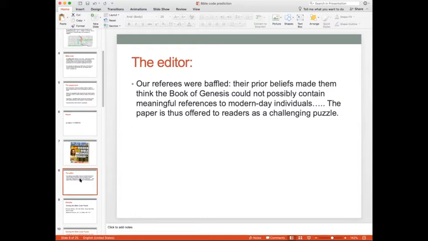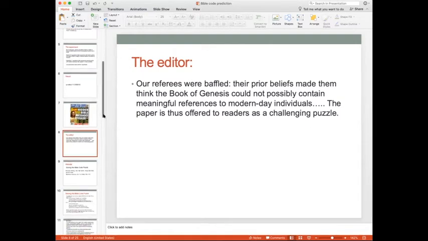The paper is thus offered to readers as a challenge puzzle. Looking at the paper, it seems everything is done correctly, and they have this surprising finding. So they are a little surprised and confused, and the paper is offered to readers as a challenge puzzle.